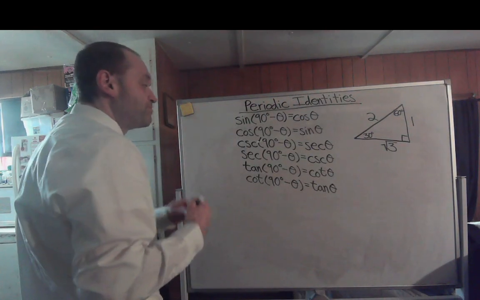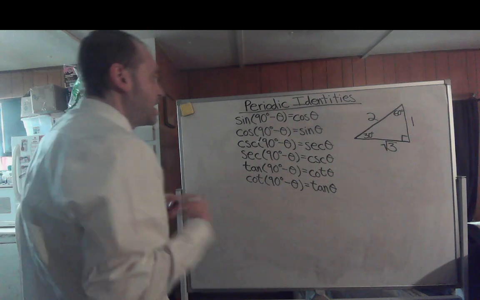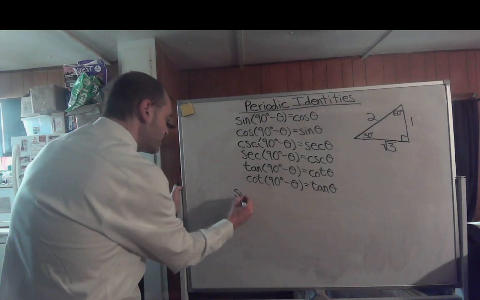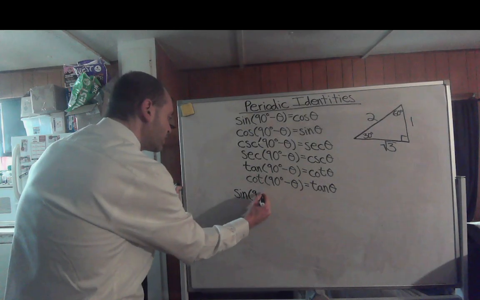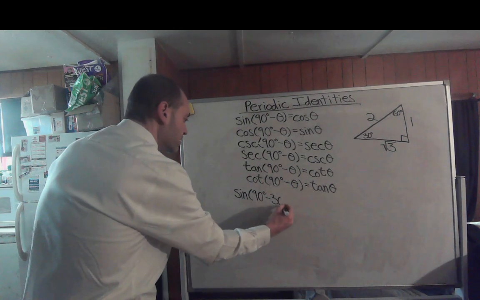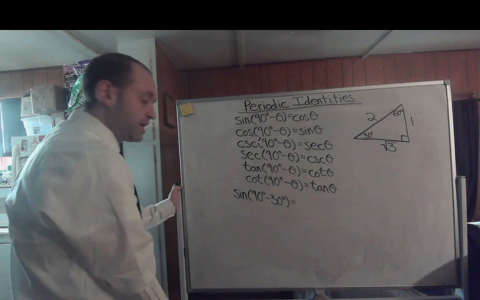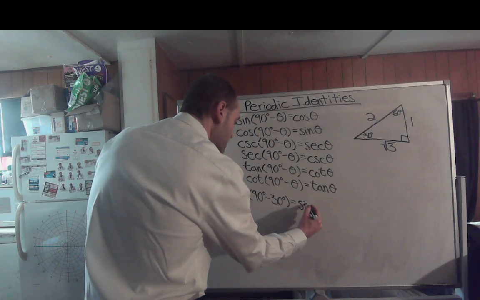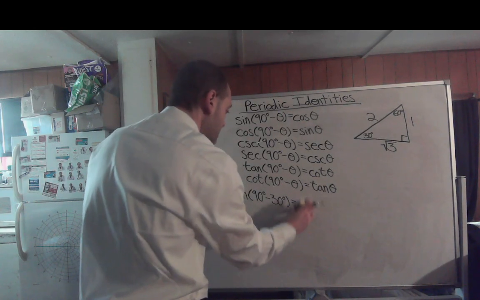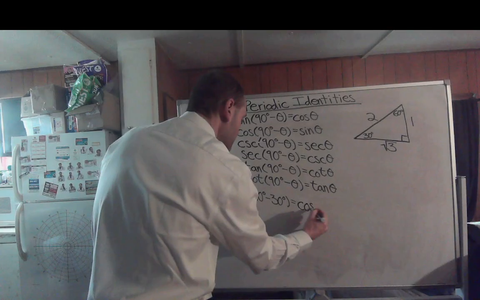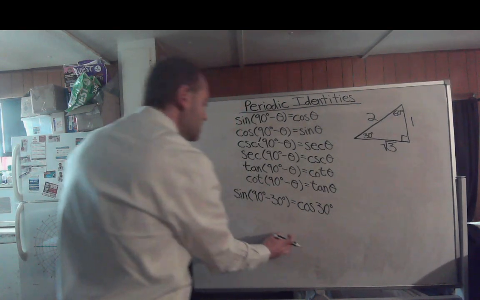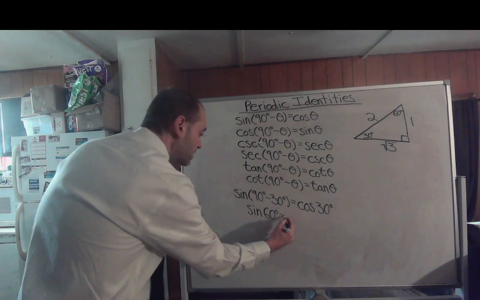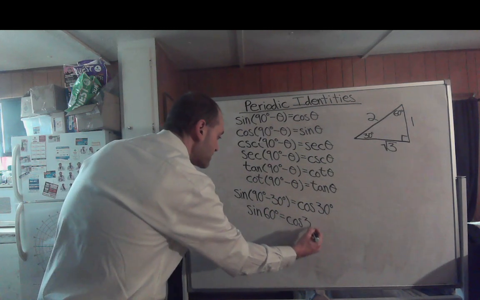Okay, so let's say I want to do, if I take the sine of 90 degrees minus 30 degrees, that's saying that should equal the cosine of 30. So this is the same as saying that the sine of 60 degrees would equal the cosine of 30 degrees.